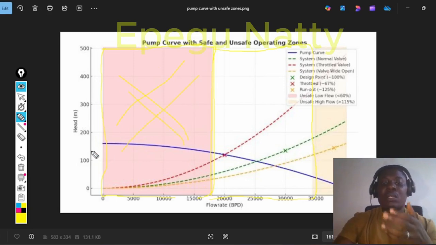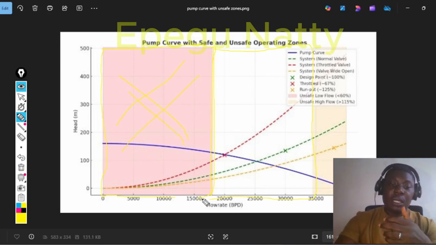For a 30,000 barrel refinery, if you're refining 15,000 barrels or 18,000 barrels per day, it means you are within an unsafe region. And equally, for a 30,000 barrel refinery, if you're refining above 35,000 barrels, you are also refining at an unsafe region. Now this can cause your pump to actually overload.